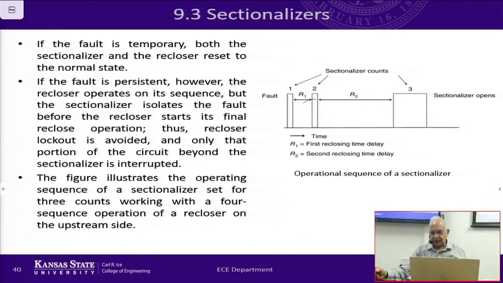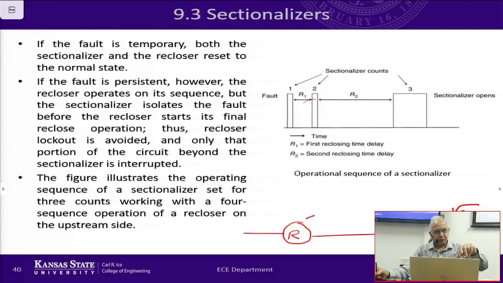So, for example, if I draw a picture here, the recloser is here and the sectionalizer is here, and there is a fault somewhere down here. The recloser opens, it closes, it opens, it closes, and then it opens again, so 3 times.